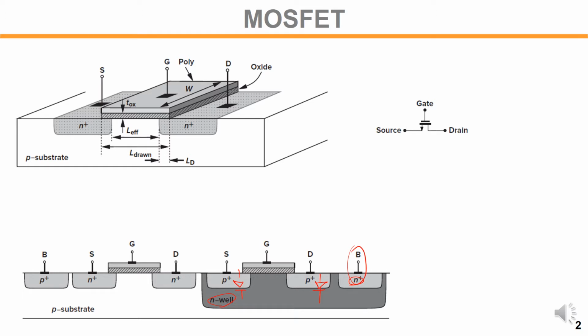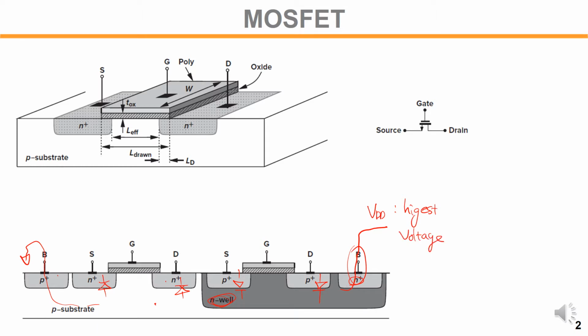For the NMOS, we have a parasitic diode in this direction, right? This is the P-type and N-type. So all these parasitic diodes must be turned off, right? To do that, the P substrate is tied to ground. For the PMOS, the body is the N-well, so that is tied to where? VDD, that is the highest voltage available in the system.